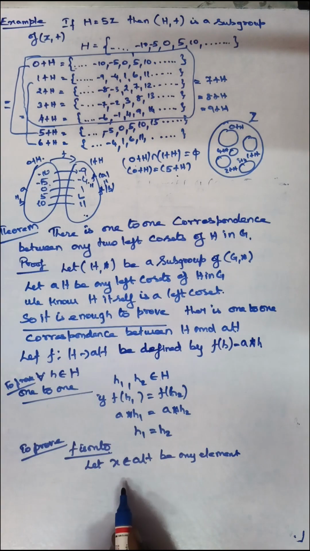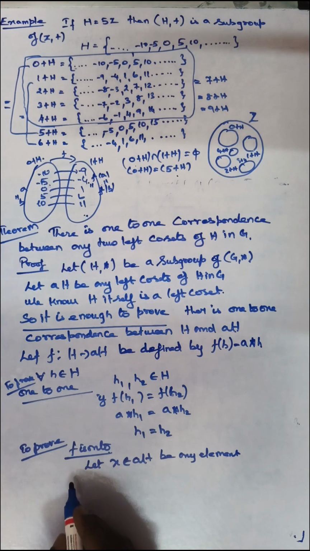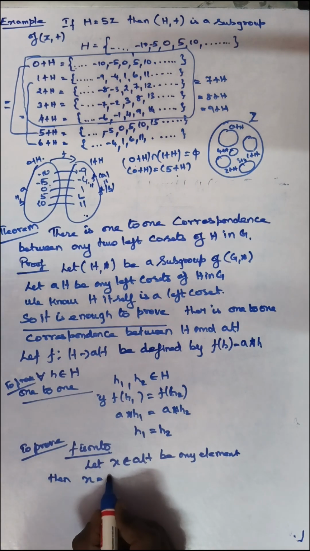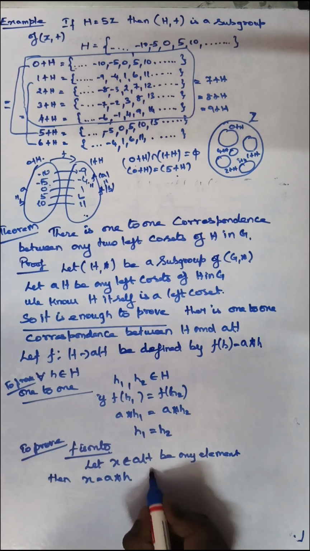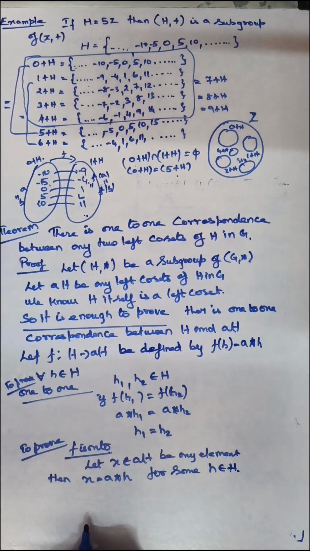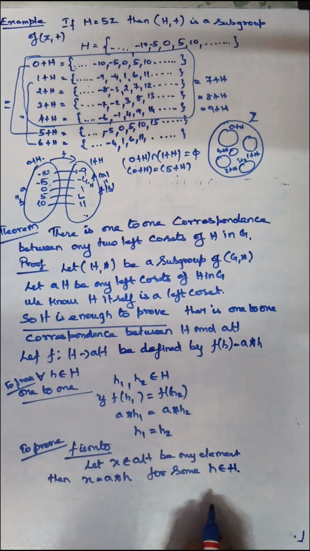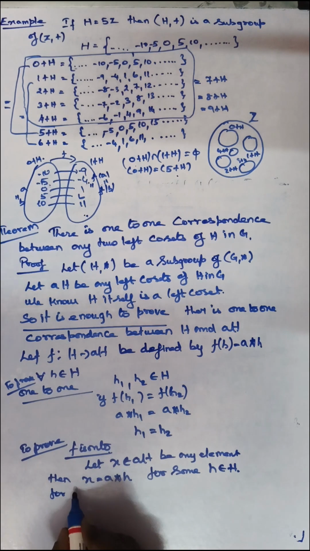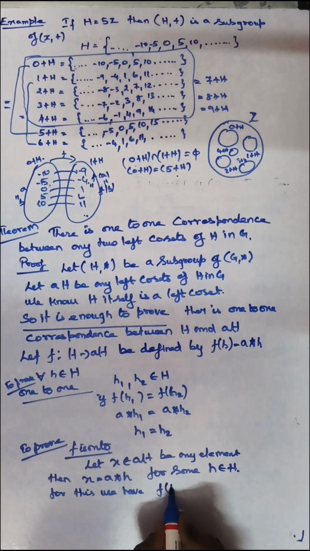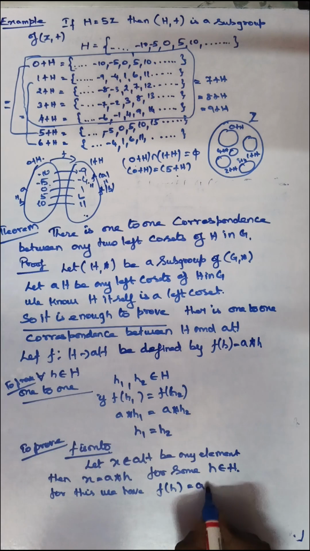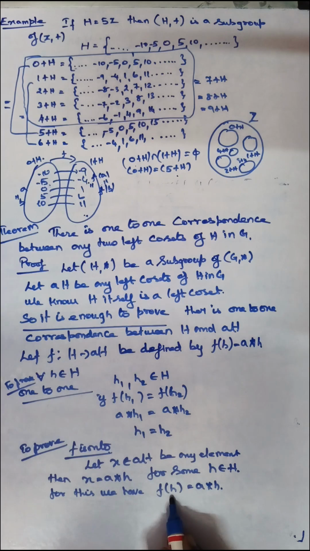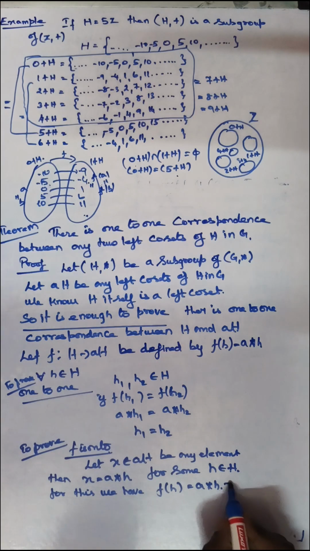Then x equals a star h for some h belongs to capital H. For this we have f of h equal to a star h. Every h has a mapping here, that is a star h. So f of h equals a star h, which is equivalent to x.